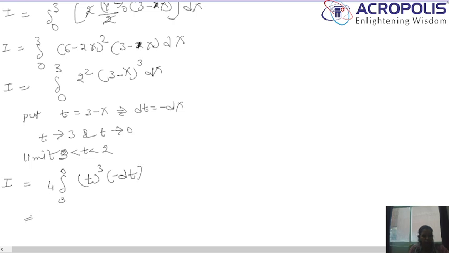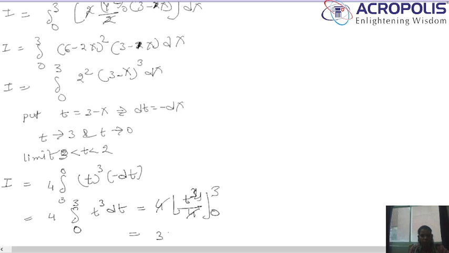If we use the property of definite integral, then we can change the lower limit by the upper limit and the upper limit by the lower limit, then it will take minus outside. Then the value of this will be t cube dt. Then integration of t cube with respect to t is t to the power 4 by 4, from 0 to 3. 4 will be cancelled out.